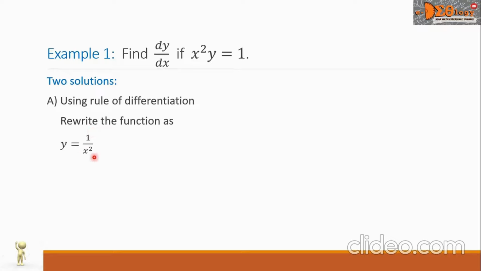Let us simplify further the right side, and this is equal to x raised to negative 2. Now the derivative y prime equals negative 2 x raised to negative 3. We can rationalize our negative exponent, so our answer now becomes negative 2 over x cubed. This is our derivative.